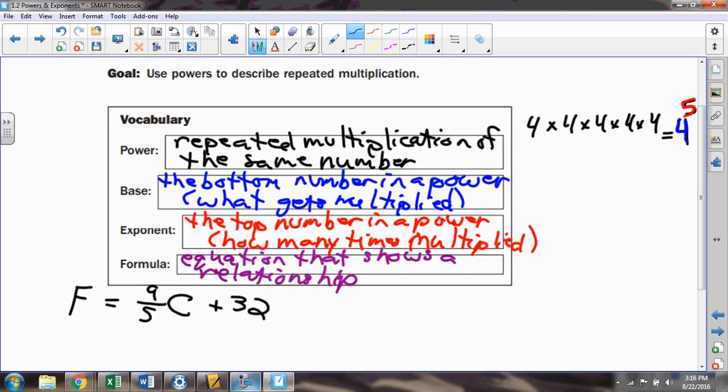Some other really common ones that you've likely worked with: distance is equal to rate multiplied by time. If you drive your car at 75 miles per hour for 2 hours, 75 times 2, the rate multiplied by the time, will tell you the distance you've driven, 150 miles.